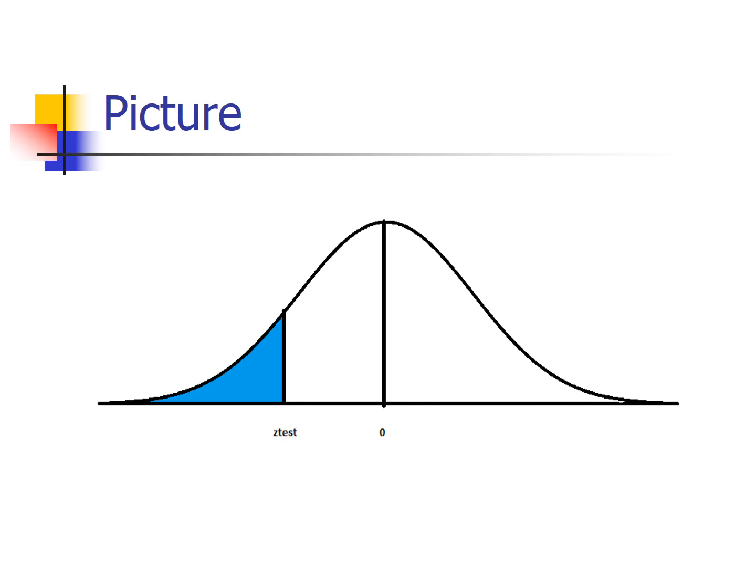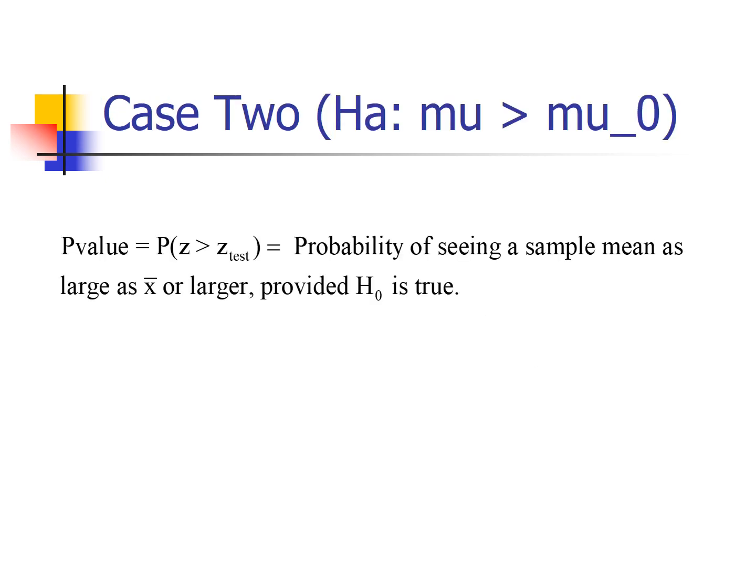Case 2: the alternative hypothesis is that mu, the mean, is greater than mu naught. In this case, we expect the sample mean to be more than the hypothesized mean, which is saying that we expect our test statistic to be positive.